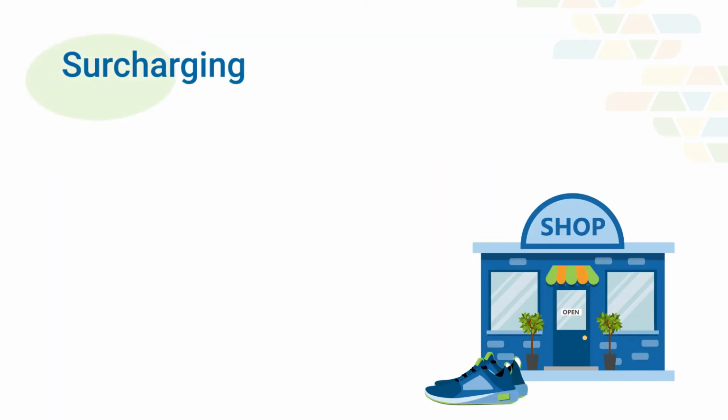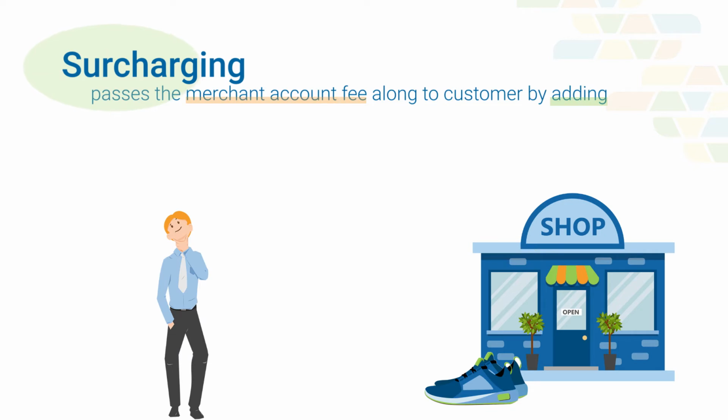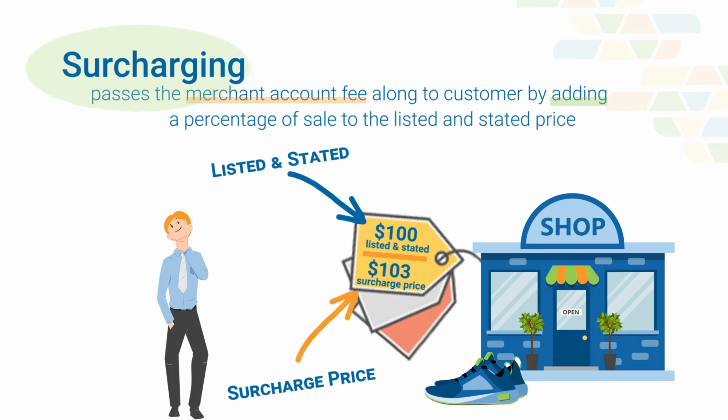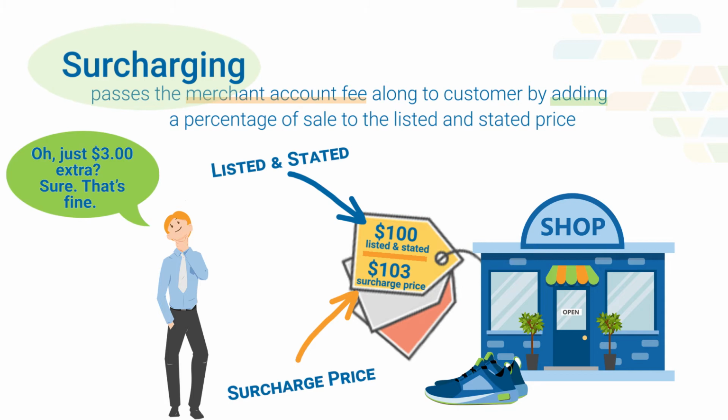With that, let's jump over to the surcharge program. Surcharging passes the merchant account fee along to the customer by adding a fee on top of the listed and stated purchase price, as noted earlier. So at the point of sale, the customer voluntarily accepts additional processing charges for the purchase because they're paying with a credit card, and the amount to be charged is usually about 2 to 3% and cannot be more than what the merchant account provider is charging to you as the business owner and the holder of the merchant account.